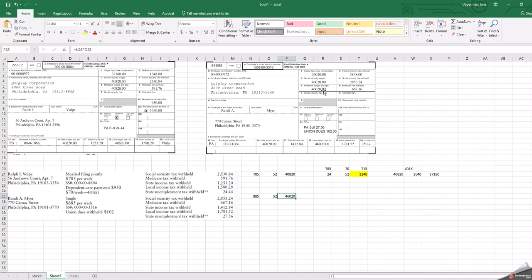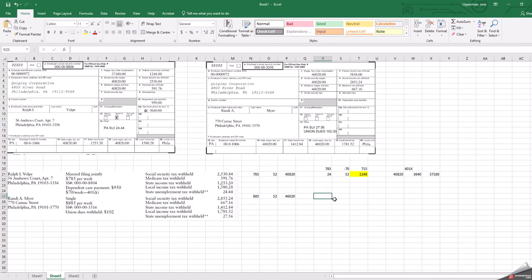The only thing that he has is union dues withheld. Those are not reducing any tax amount. They're just going to be noted here in this other category to know that these were deducted from his paycheck. So he also had the state unemployment tax for the $27.56, but then he also had union dues. So you just want to account for those there.